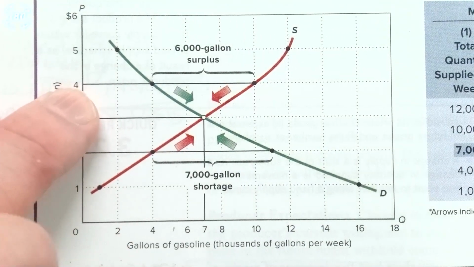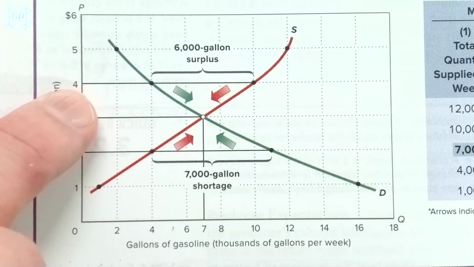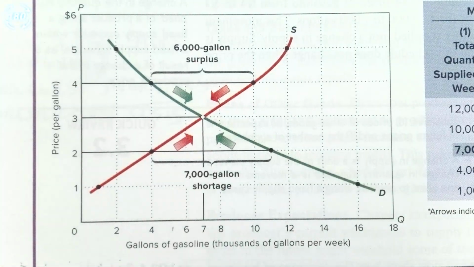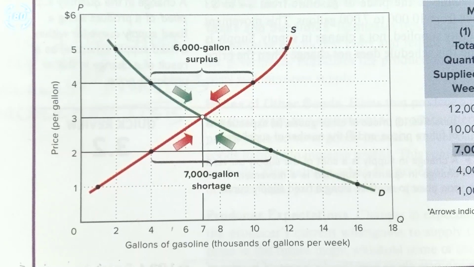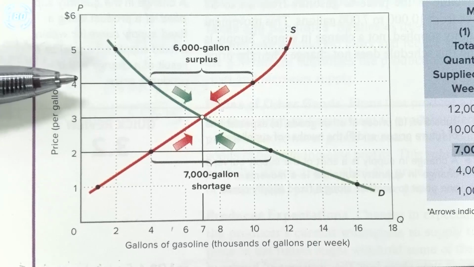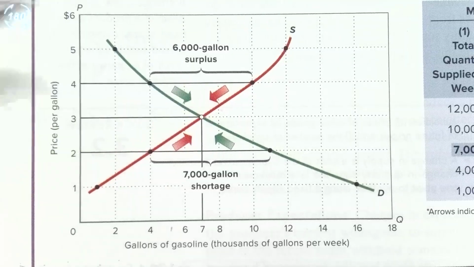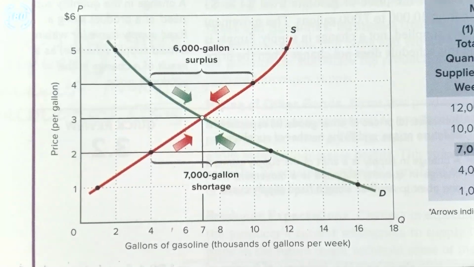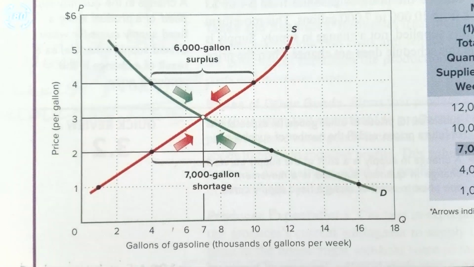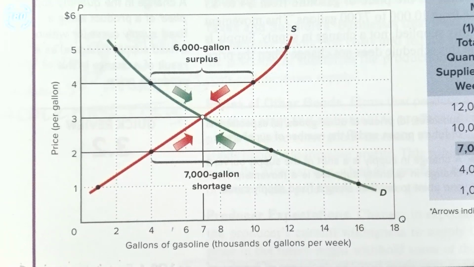So if the price of gasoline for some reason was at $4 a gallon, it's not going to stay there very long unless the government comes in and says it has to be for some reason. We'll look at that in just a minute. But if the price of gasoline is here at $4 a gallon, then it shouldn't be there very long because there's a surplus of gasoline. And we all know that when there's a surplus of a good or service, there's a bidding process that takes place between buyers and sellers. Is there not?